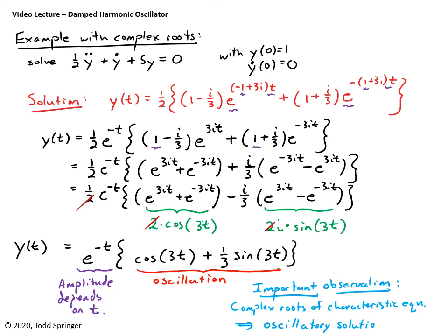So it's a solution which is oscillating in time, periodically, with sines and cosines. However, there is this extra complication of this thing out front. For the regular simple harmonic oscillator, we didn't have that. And now when I have the complex roots of the characteristic equation, I do end up with an amplitude which changes with time.